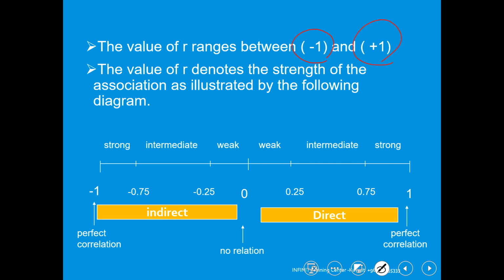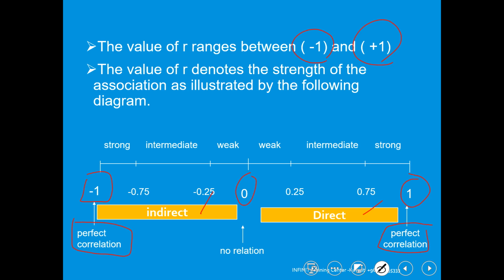The correlation value is going to be between -1 and +1. +1 is the extreme, and that is the perfect correlation. And -1 is the other extreme, and that's also perfect correlation, but indirect or negative. This is direct or positive. And 0 means there is no relationship.